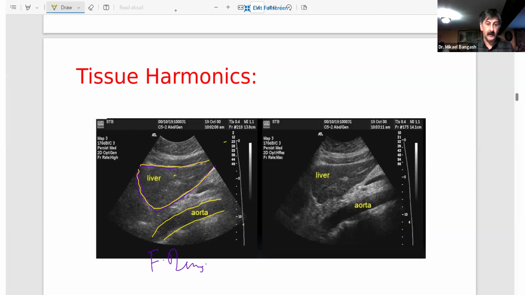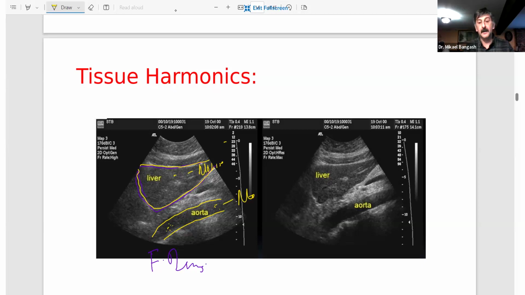small dots here, what are they? Noise infested. Even the aorta. All these small dots here, what is it that they are? Noise.